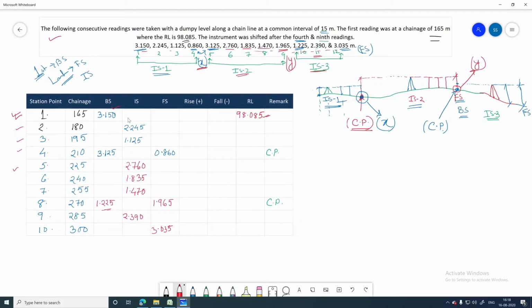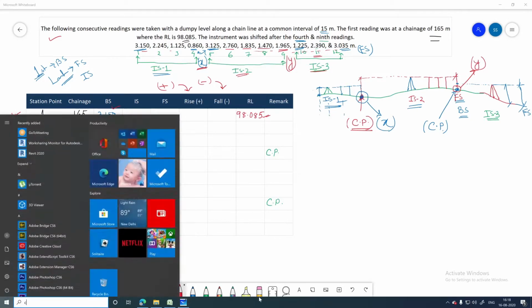Okay, so this portion is already known, so we need to determine the RL value of the second point. How? You just make the difference of these 2 points. Okay, and if the difference is positive, then you put the value in this section, that means rise column, and if that is negative, then put the value in this fall column. Okay, so let's make the difference of 3.150 and 2.245.